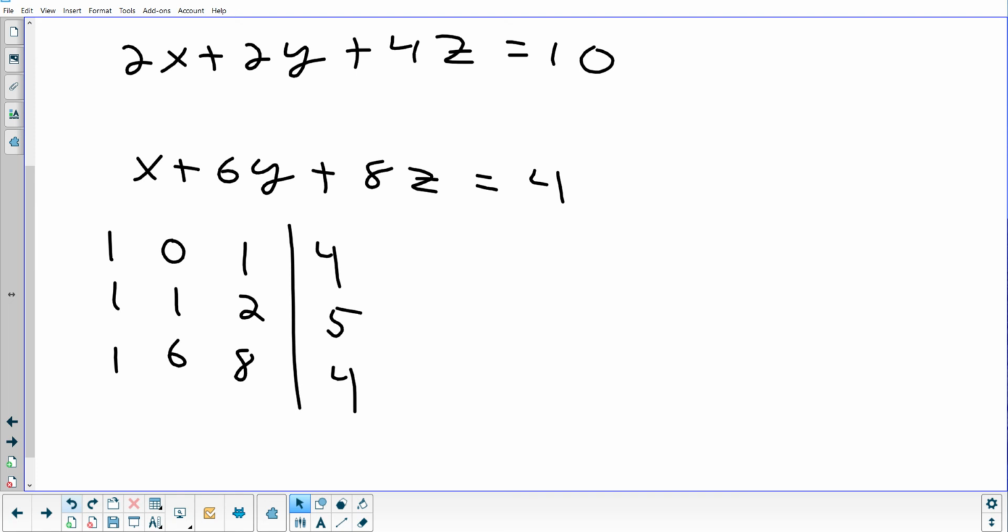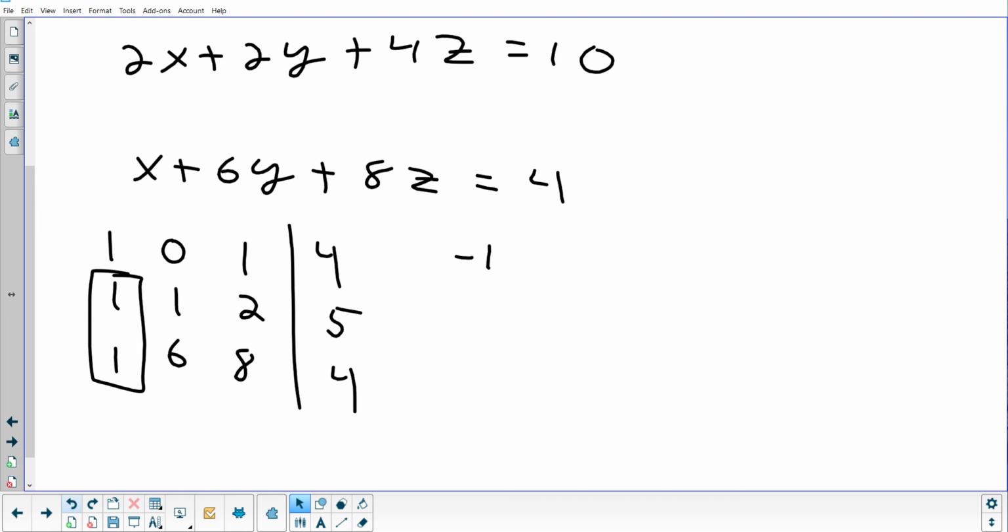Okay. So what do I want to do next? Get the zeros to the bottom left. Yep, you want to get zeros in these 2 spots. So this is the only step where we do 2 rows at the same time. Other than this step, we only do 1 row at a time. So what could we multiply row 1 by and then add it to row 2 to make this one a 0? -1.